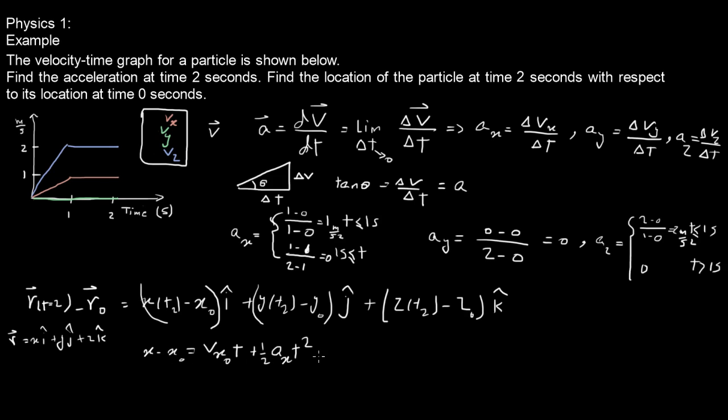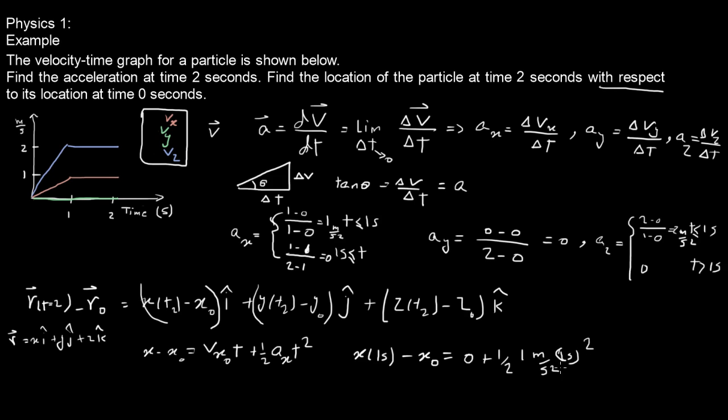So let's say for the first interval I have x at time t equal 1 seconds minus x naught equals vx naught, at time t equals 0, vx is 0, so therefore it's 0 already, plus half ax, which is 1 meters per second square, times time, which is again 1 seconds, because I'm going to find it at 1 seconds, 1 second square.